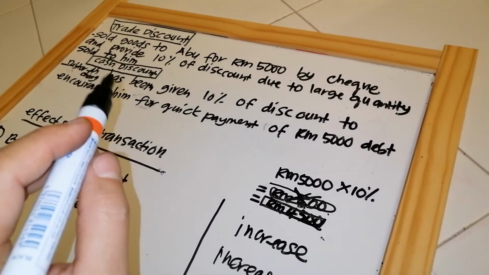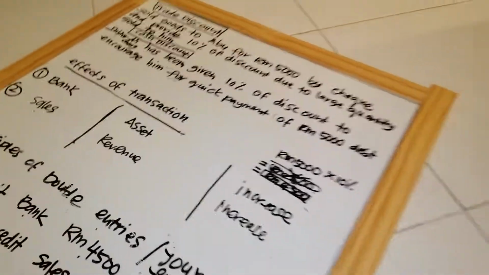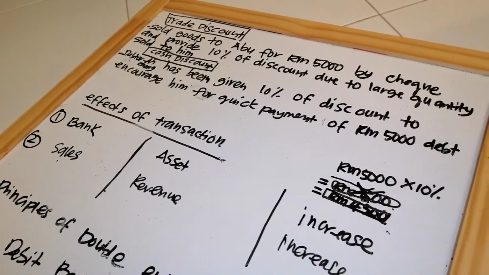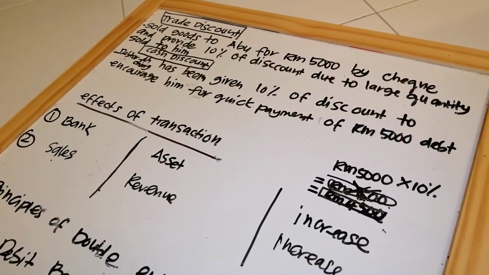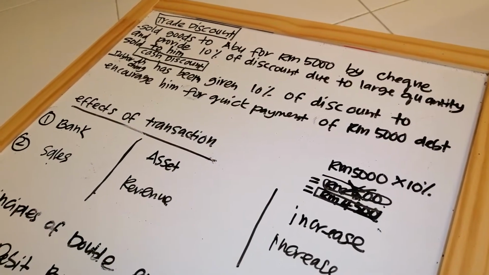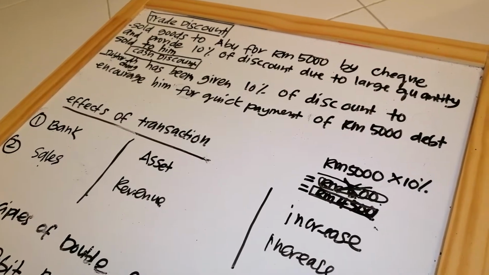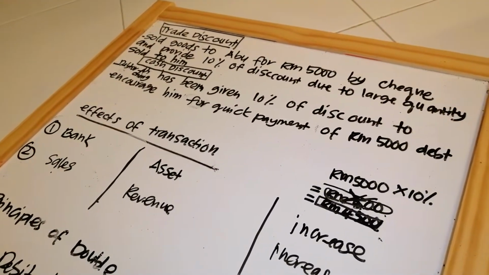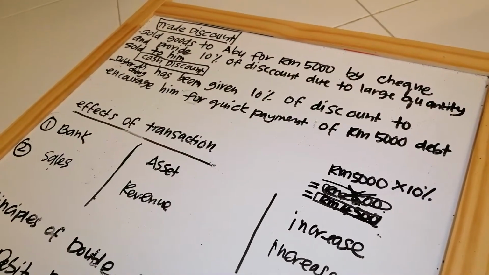Okay, now I will explain for the cash discount. Normally, akan berlaku when the debtor starts to pay lah, because if they make a quick payment, they will receive 10% discount.